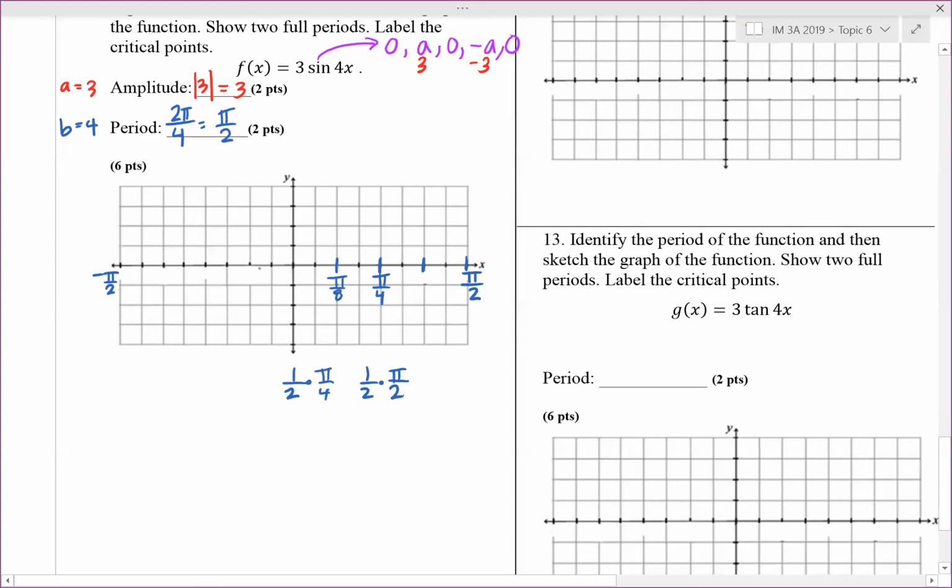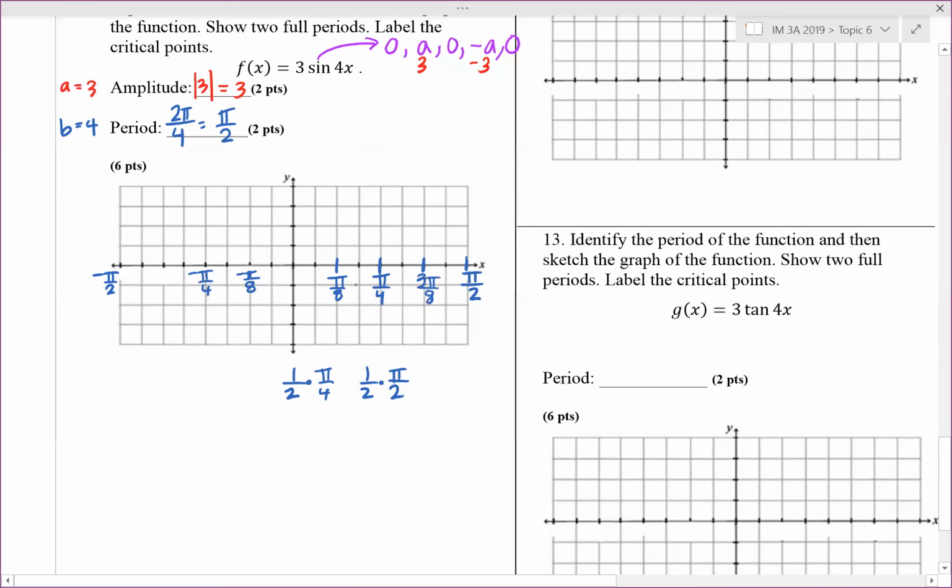Okay, so let me fill in the negative values. And then for the third one, remember, I'm adding pi over 8. So pi over 8 plus another pi over 8 is 2 pi over 8, which gives us pi over 4. And if I add 2 pi over 8 plus 1 pi over 8, I get 3 pi over 8.